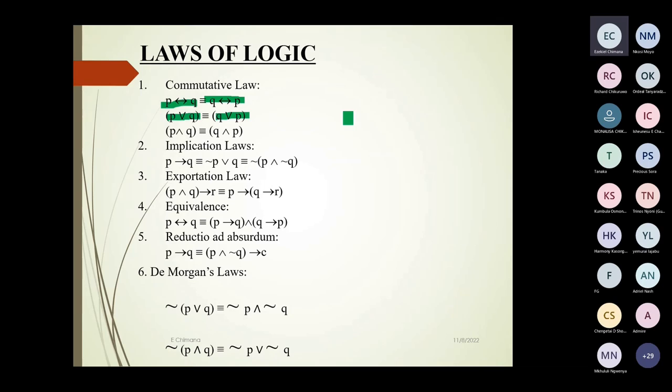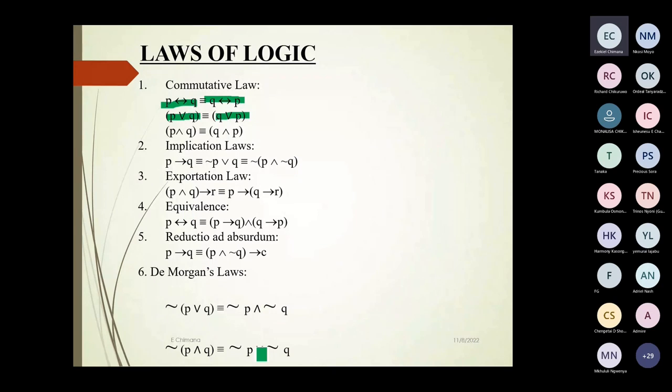On the implication laws, if P implies Q, it's just the same as negation of P or Q. It is also identical to the negation of the parenthesis here of P and negation of Q. So this is what all this means.